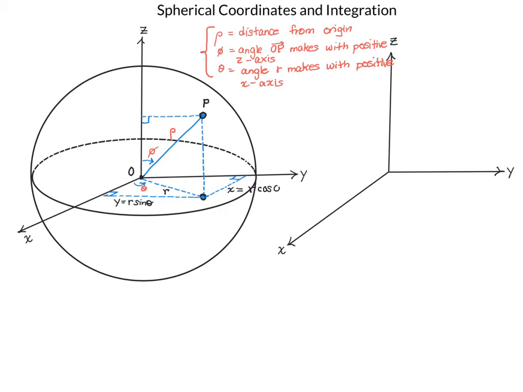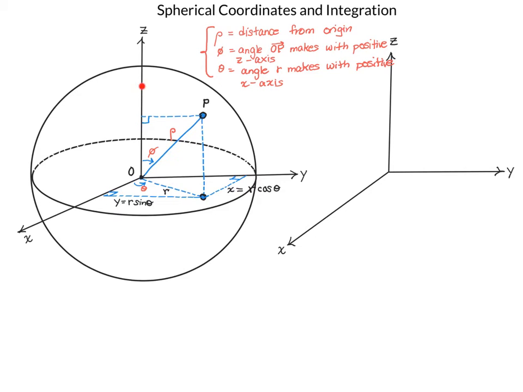r cosine theta. Okay. Now, if you notice, our parameters for spherical are rho, phi, and theta, but there's no r in them. So we have to figure out what r is in terms of rho and phi.